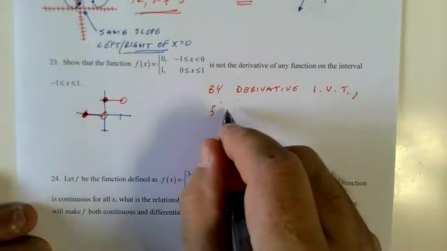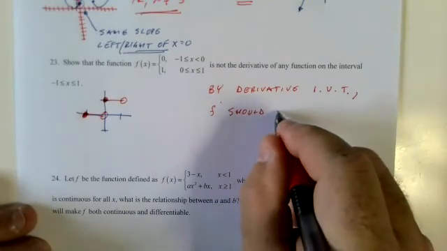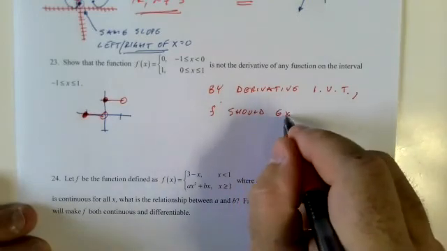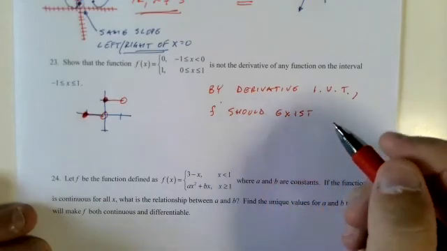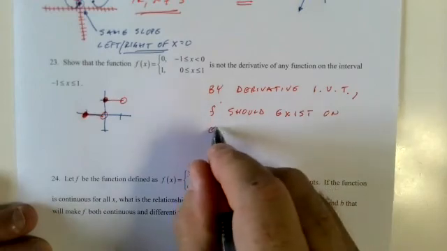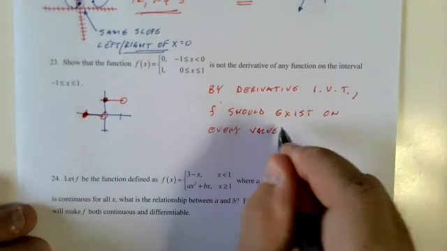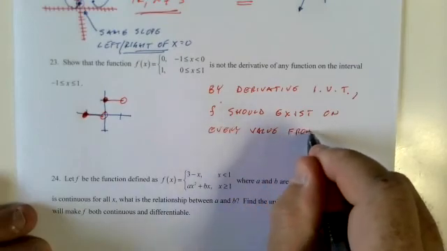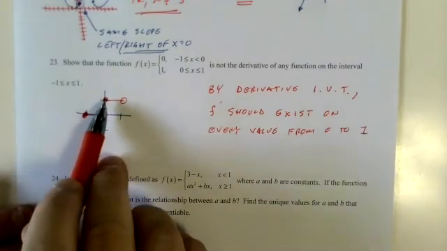F prime should exist at every value from 0 to 1, and that's on the f of x, here to here.